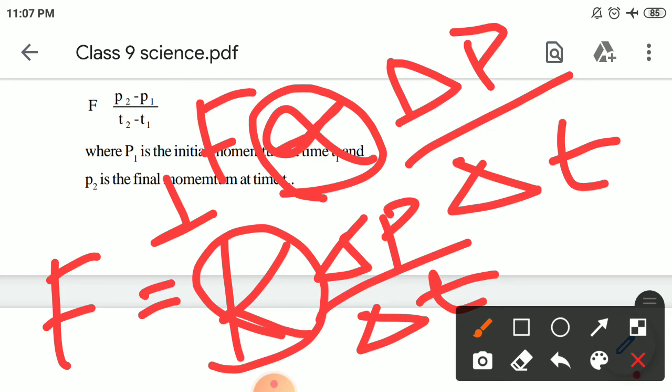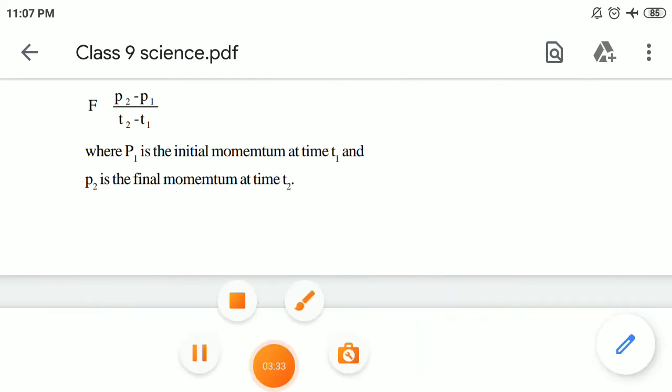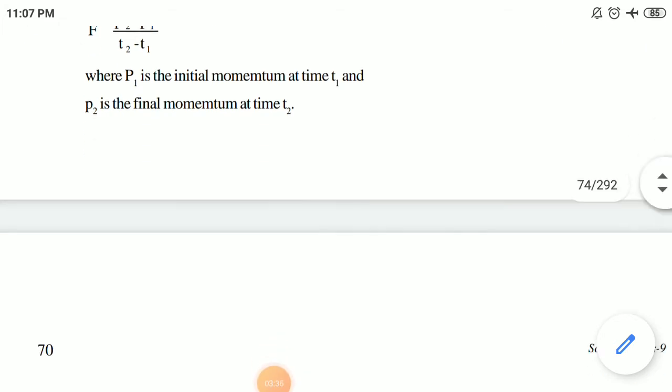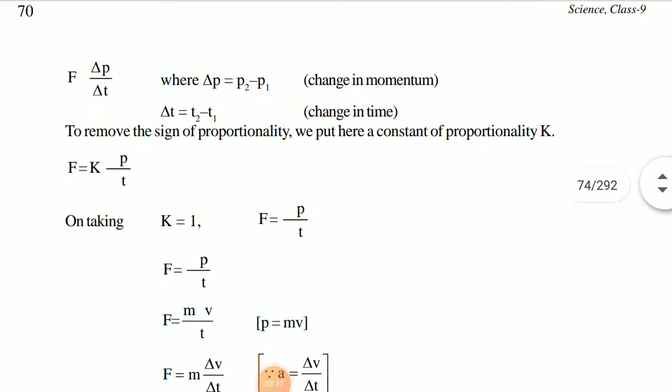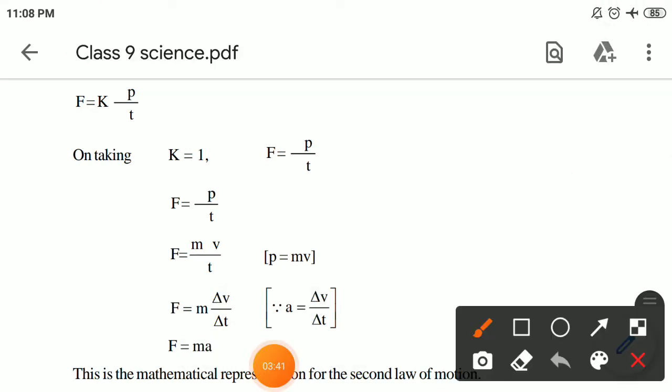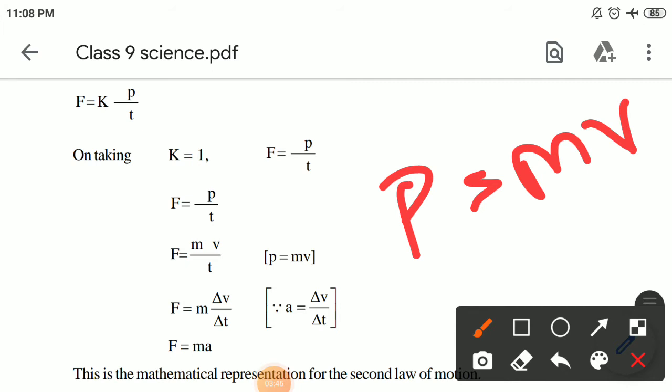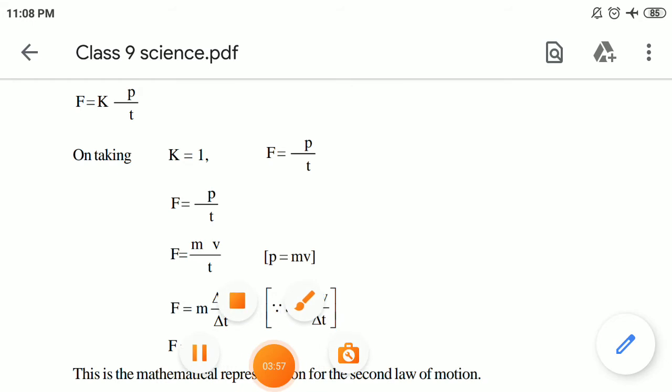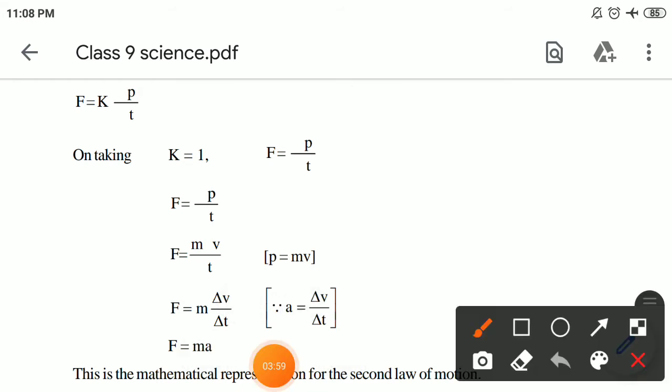This change in momentum can also be written using P equals mv. We already know that momentum equals mass into velocity. Particular mass will be constant, you can't change the mass.